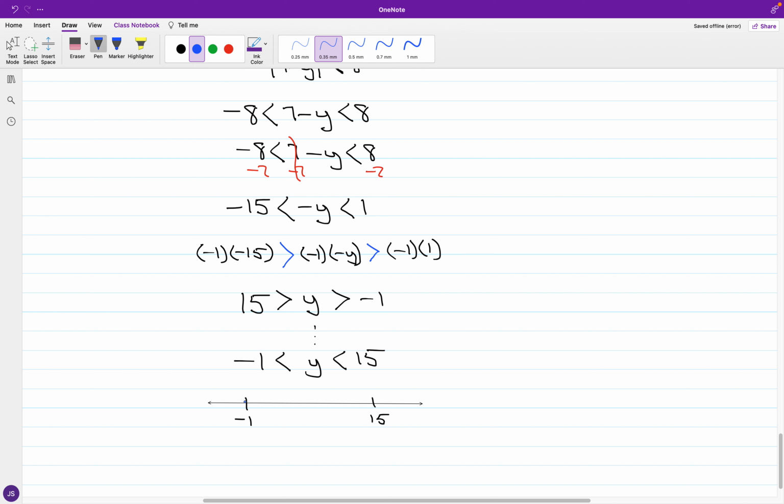Again, due to the lack of equal signs, neither negative 1 nor 15 will be included.